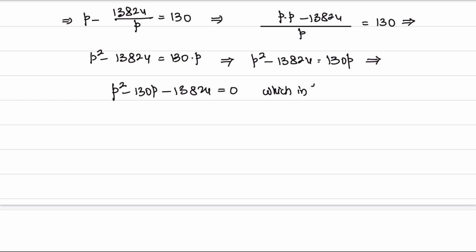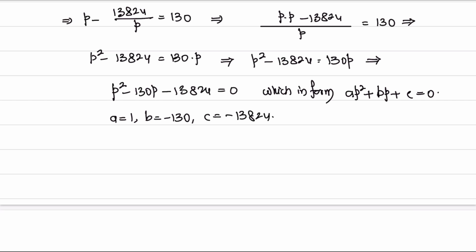In which form is it there? a p square plus b p plus c is equal to 0. Here what is the value of a? a is equal to 1, b is equal to minus 130, c is equal to minus 13824.